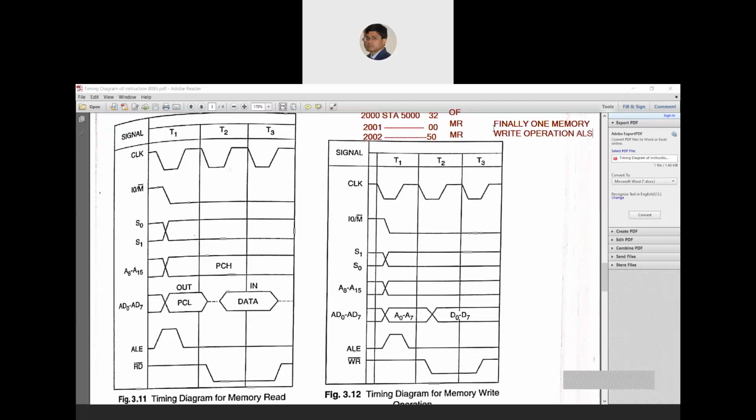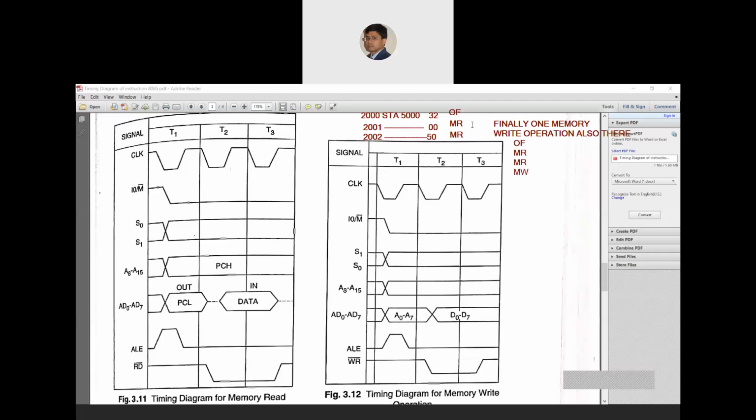So that means there are a total of four cycles. You have to draw opcode fetch, then the memory read diagram, then the memory read diagram again, then the memory write diagram.